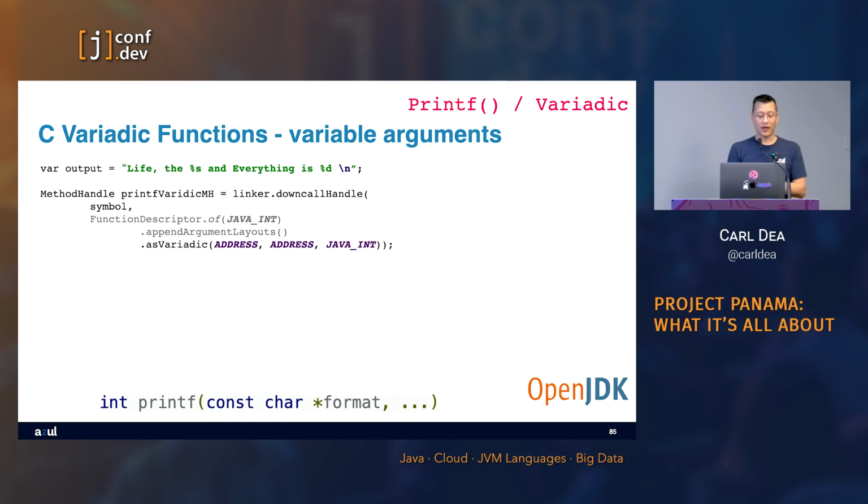You're saying, I want the pointer to the character array, use the value layout address. Now the first argument of that string is universe, I believe, and that's a C string. What is that? A pointer to a C character array. It's an address. And then what's the last argument? 42, right? So that is a Java int value layout.